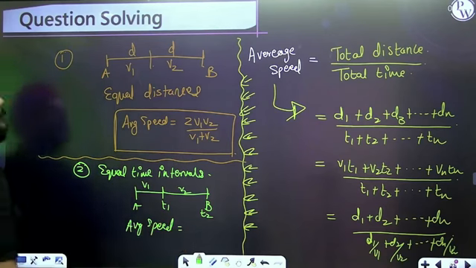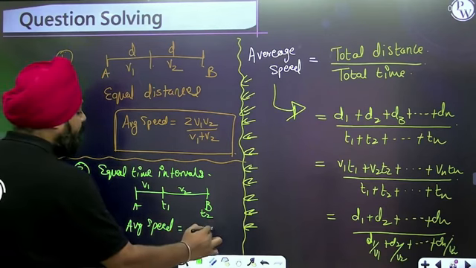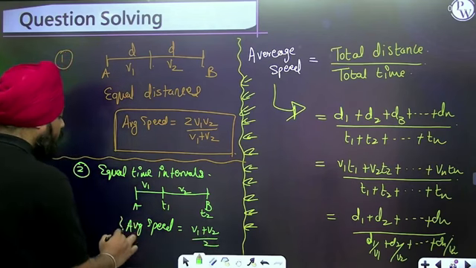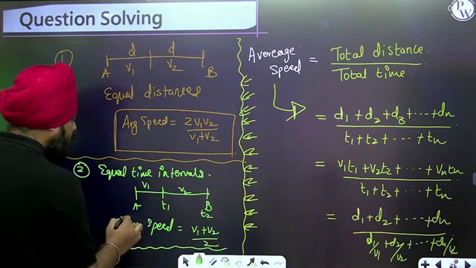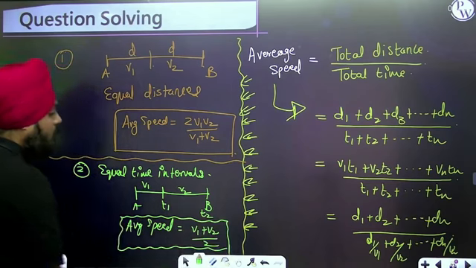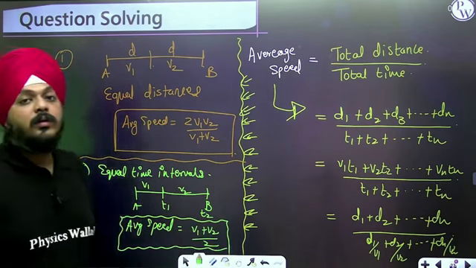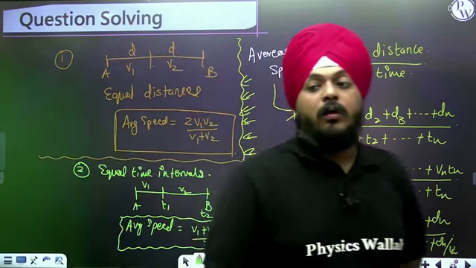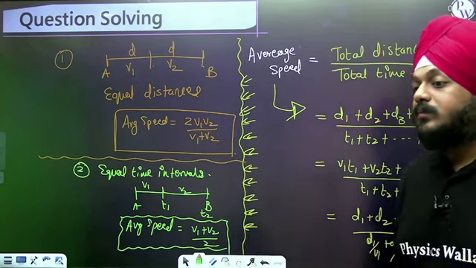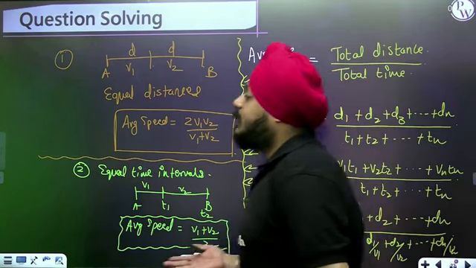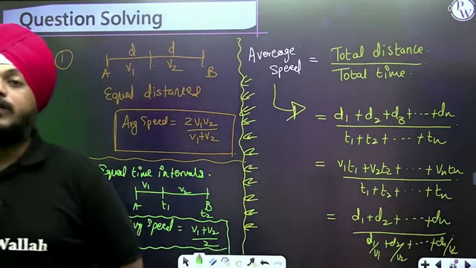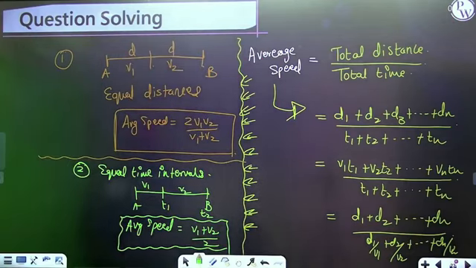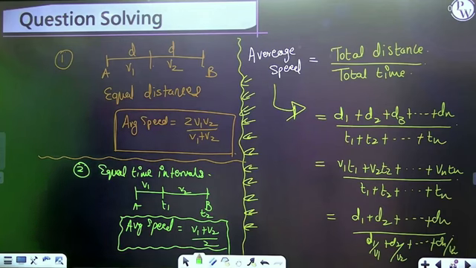The average speed is going to be v1 plus v2 whole divided by 2. So these are some of the important formulas used in uniform motion, and questions based on these are asked in examinations.